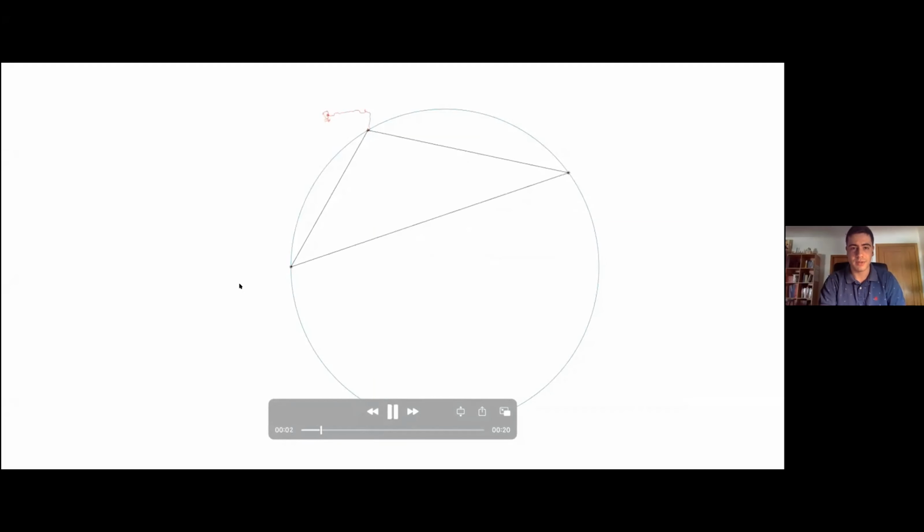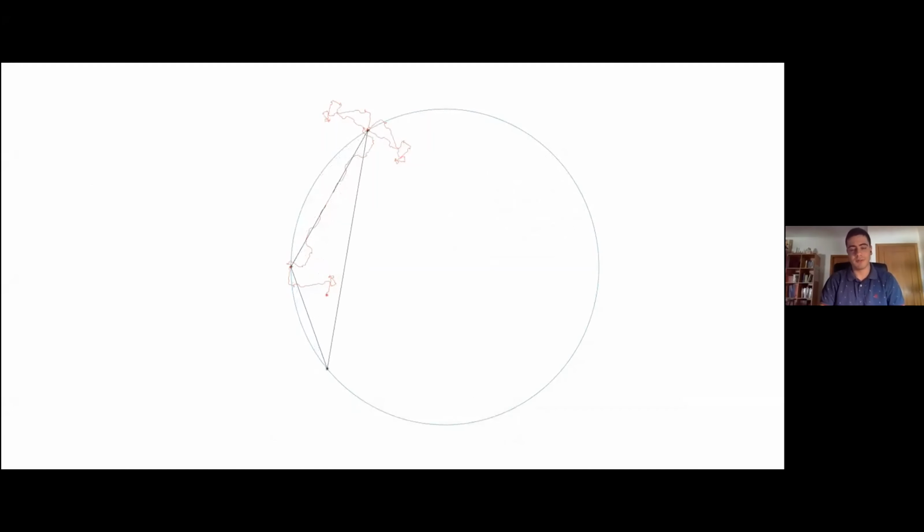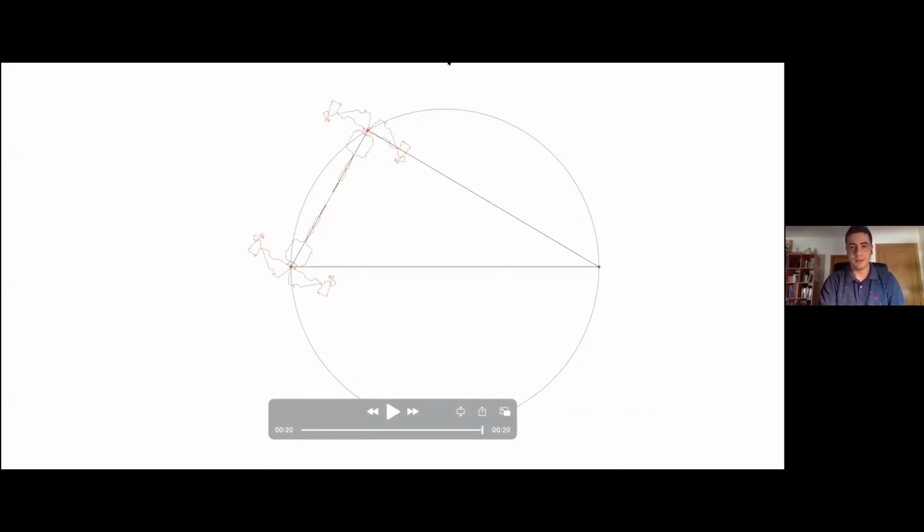I hope everyone can see the video. Two of the vertices are fixed, the other one is going around, and the limit point is tracing some sort of path on the plane, as we can see in red. So, back to the presentation.